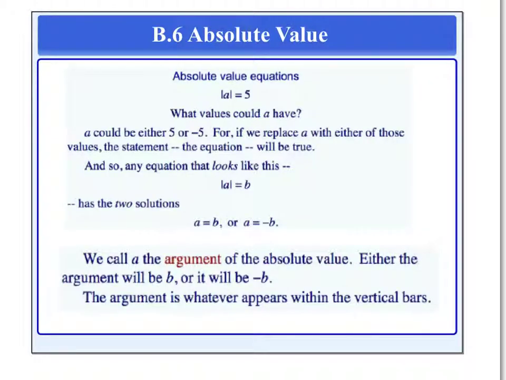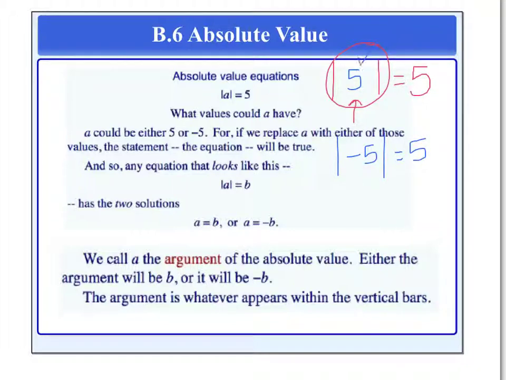So absolute value equations. If you have the absolute value of a, we're looking for what could we put in here that has a distance away from our 0 of 5. So when you're looking at what this could be, it could have two options. I could say that the absolute value of 5 is 5, but I could also say that the absolute value of negative 5 is 5.